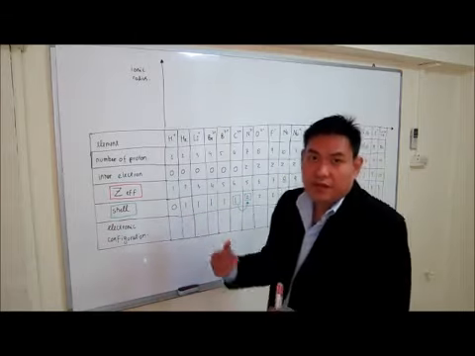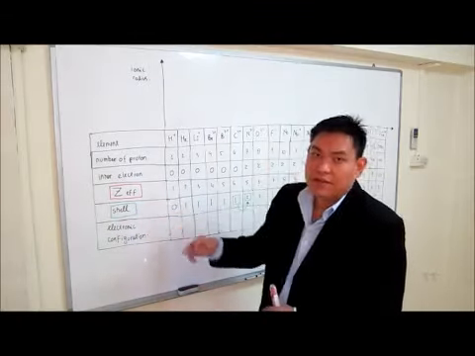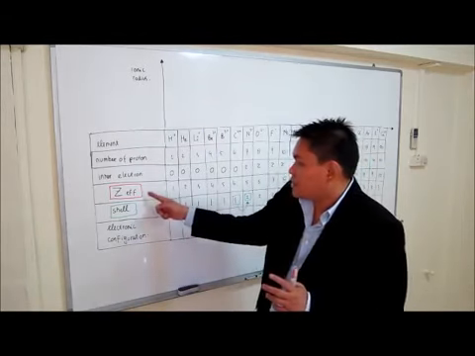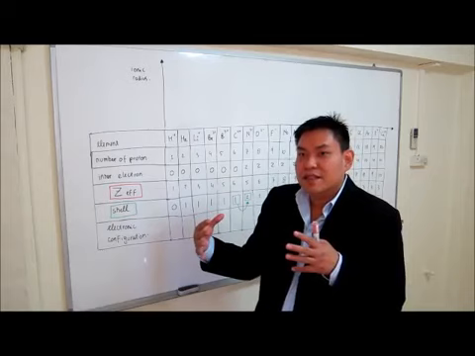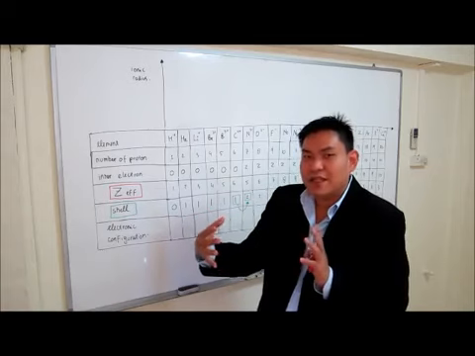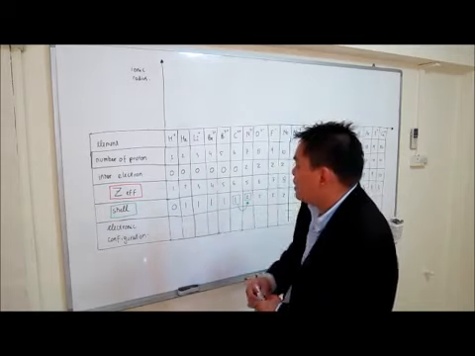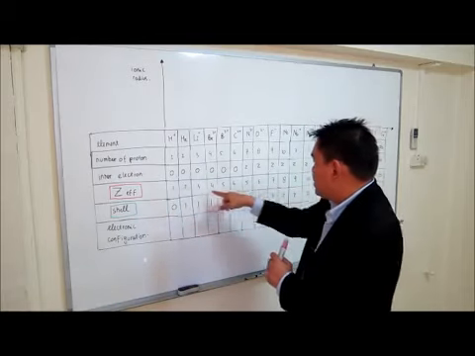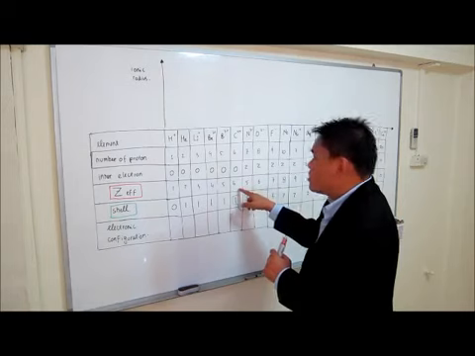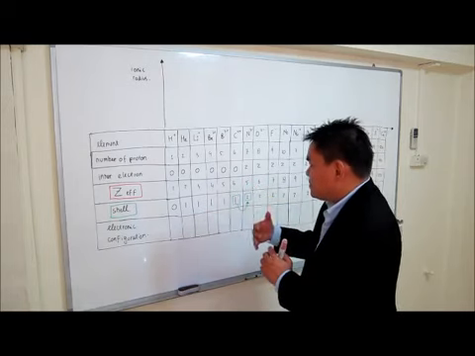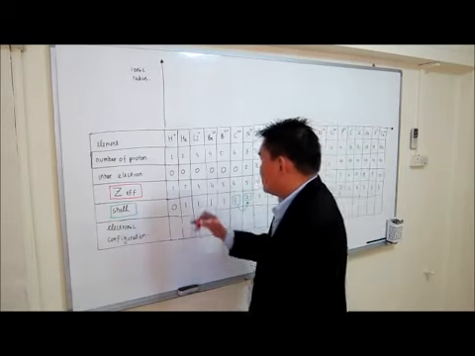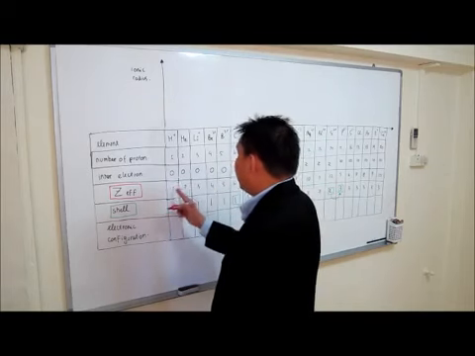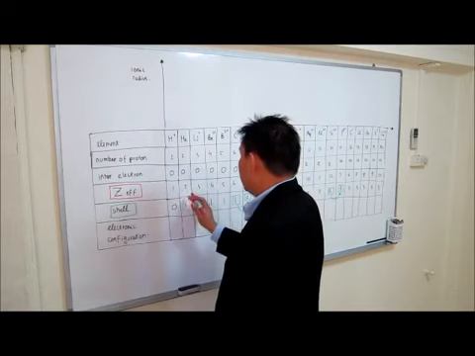How about the effective nuclear charge? This will also affect the ionic radius. The higher the effective nuclear charge, the more strongly attracted the electrons are to the nucleus. So it tends to be that the higher the effective nuclear charge, the smaller the size. We are going to skip H plus.